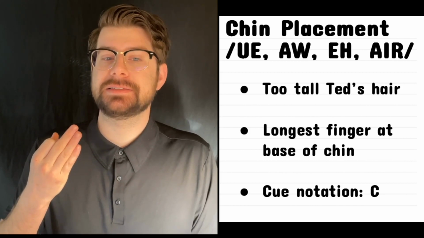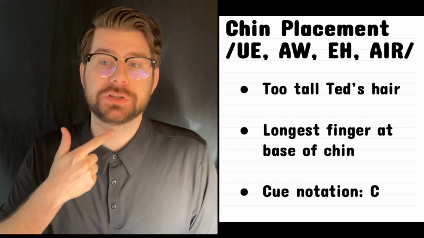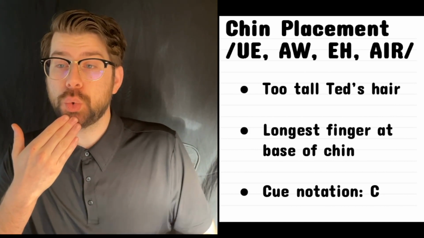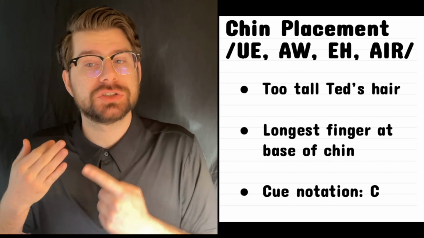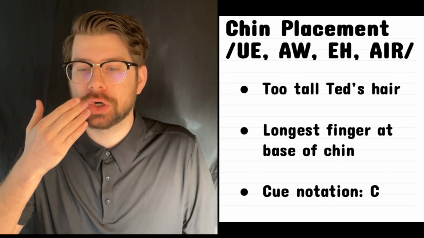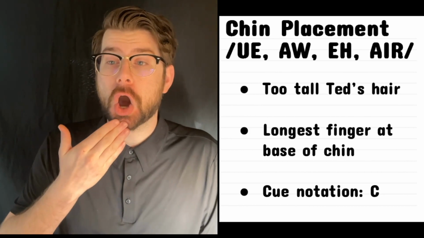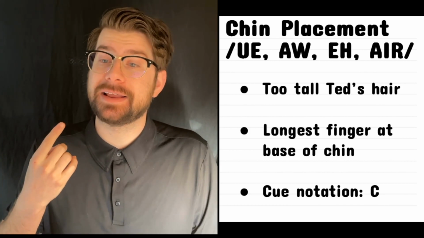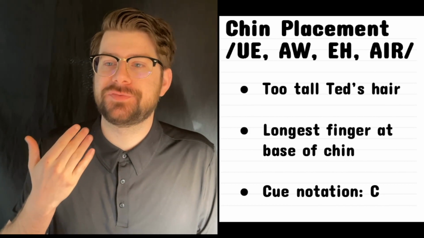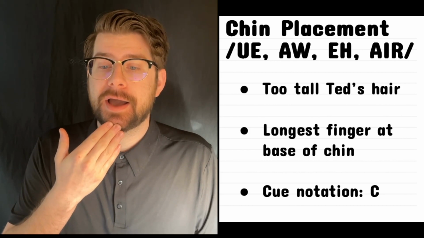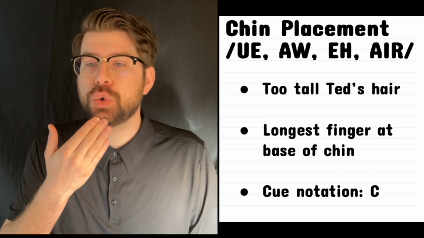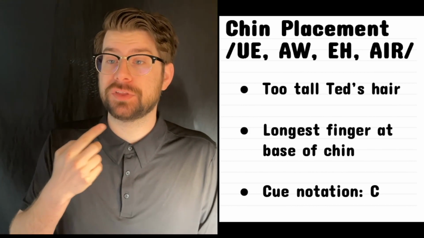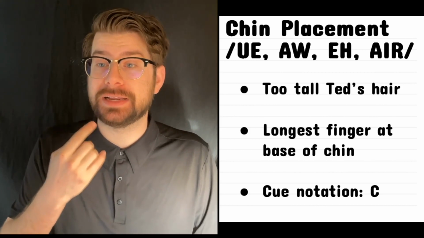And notice how the sounds look on my mouth when I cue them. Ooh is round. Ah is open, and eh is flat. So that way you can tell the difference when you're cue reading.